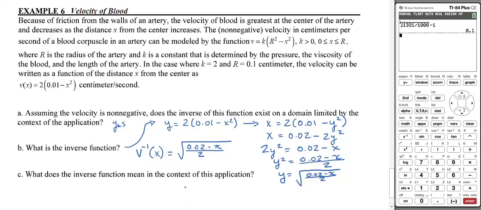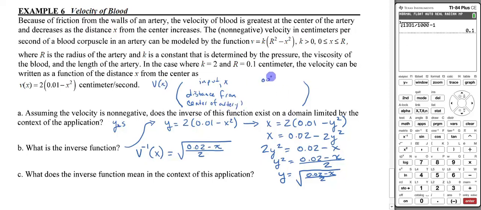Now, what does the inverse function mean in the context of this application? I think it is worthwhile to go back and really dissect what the inputs and outputs mean for the v of x function. The inputs, they're using x. X is the distance from the center of the artery.